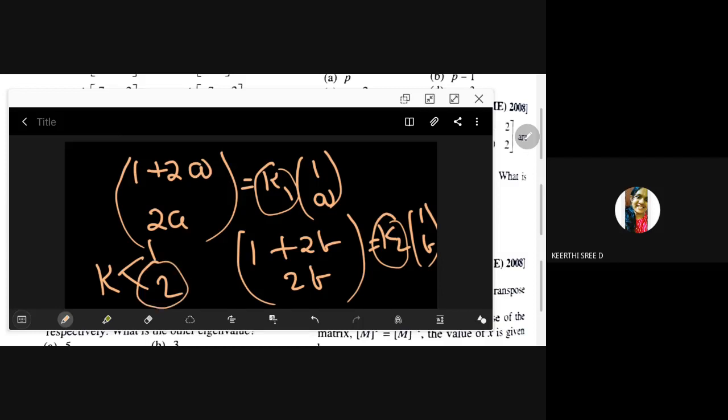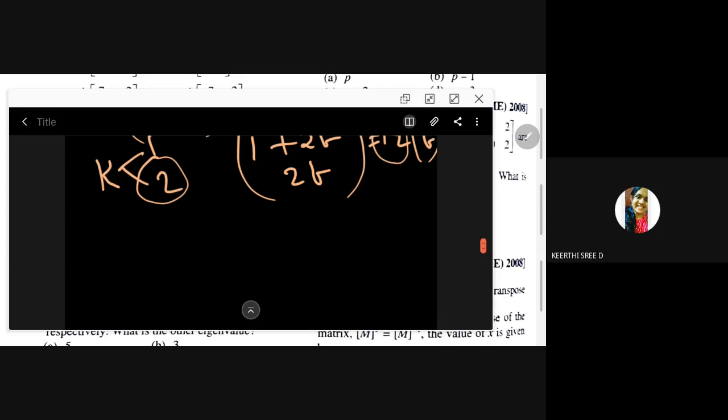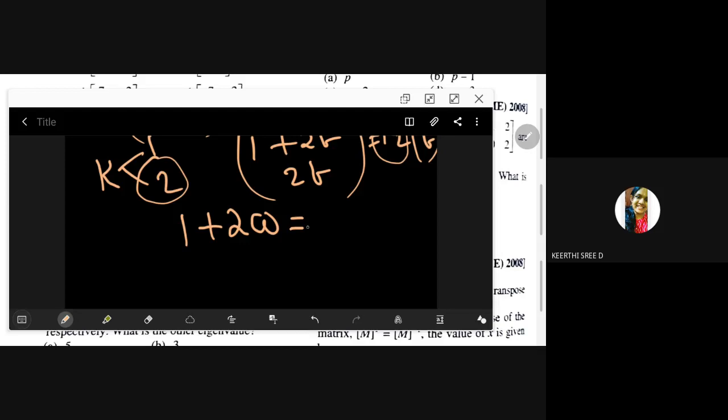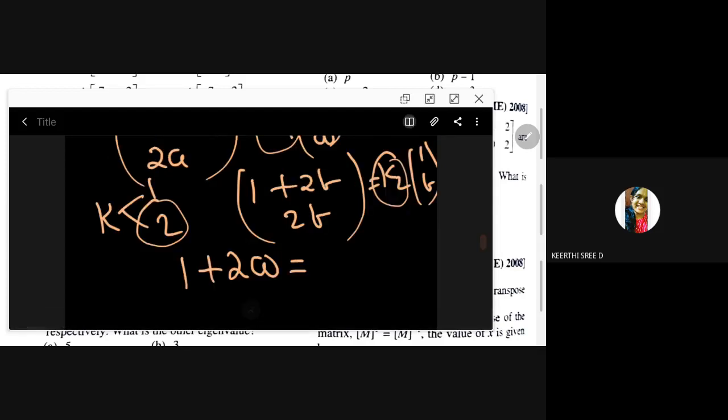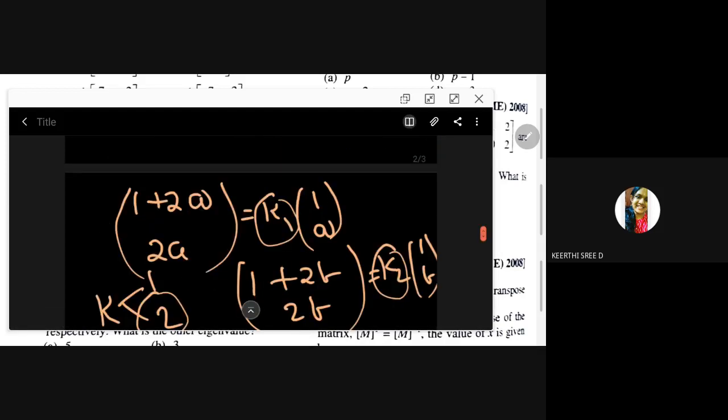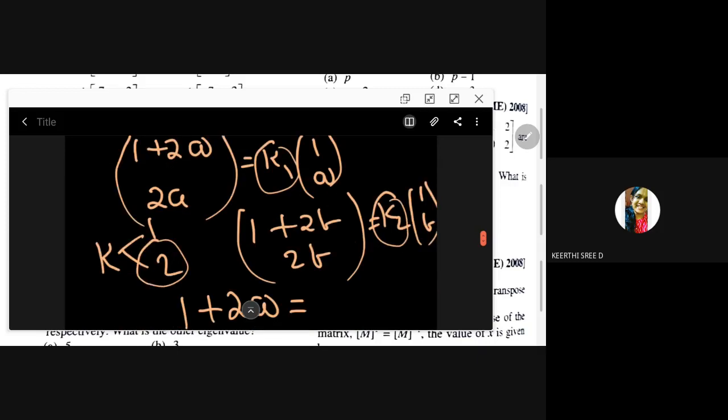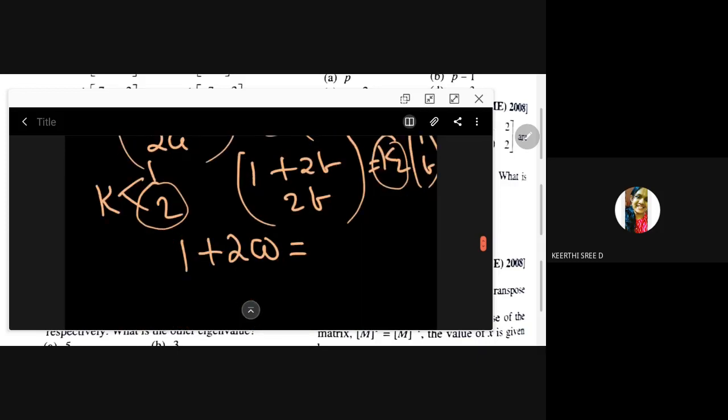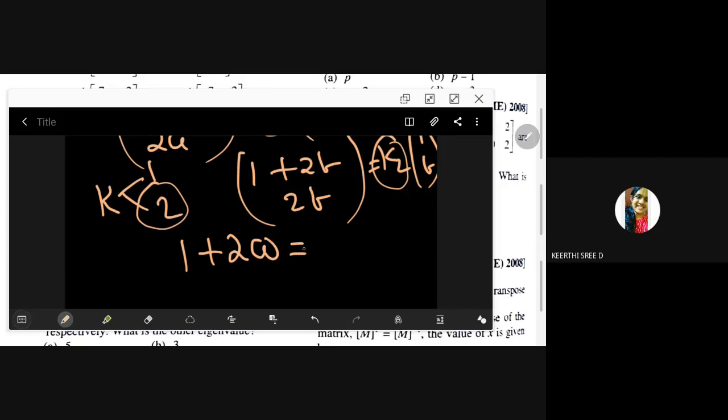So the only choice is k is 2. So we have 1 plus 2a is equal to 2. Similarly, 1 plus 2b is equal to also 2.